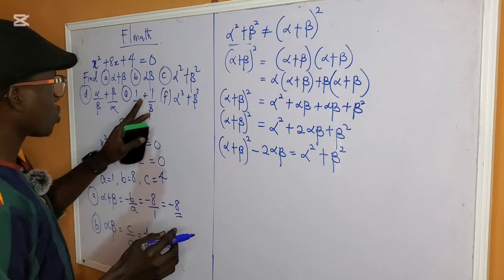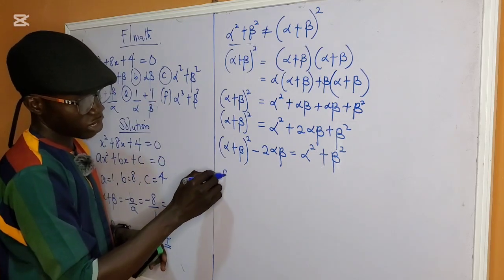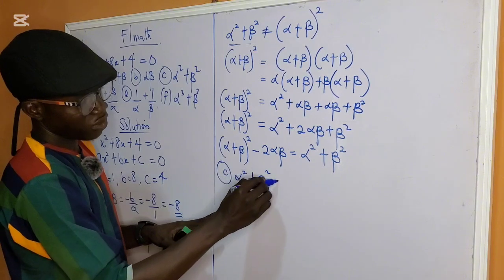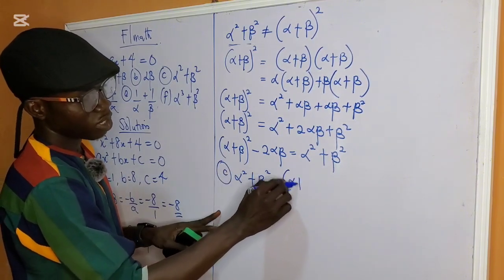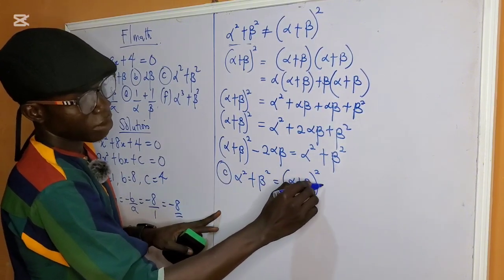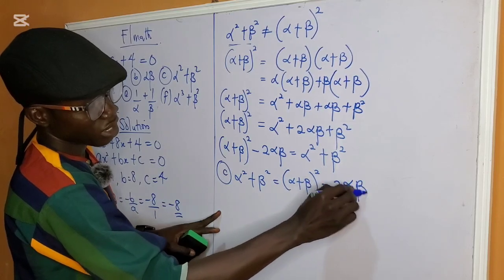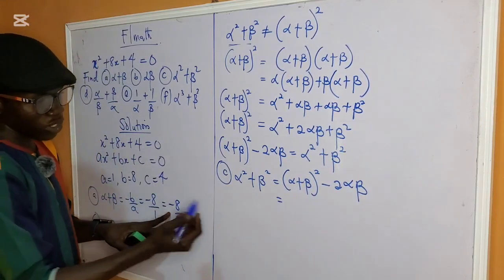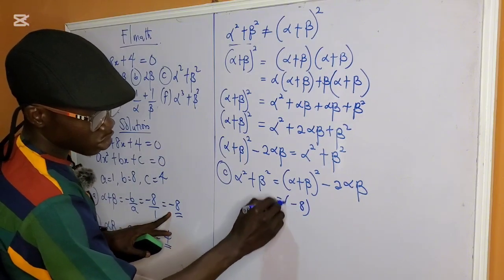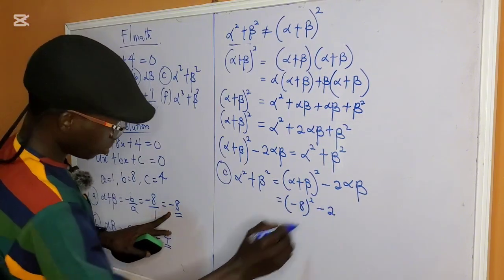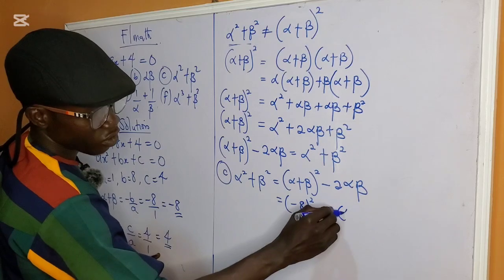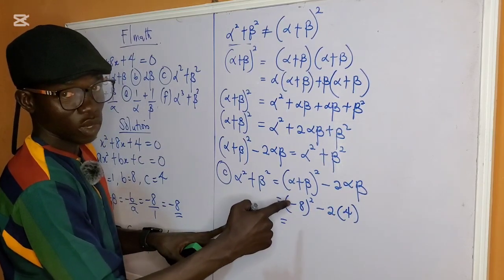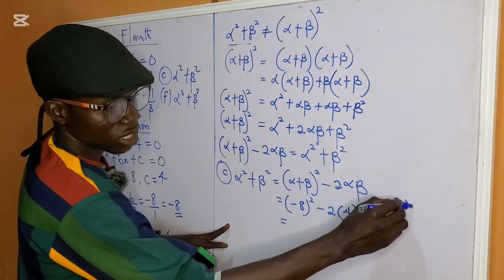So you can use that to solve question C, where we are asked to find alpha squared plus beta squared. Therefore, using this formula, alpha plus beta squared minus 2 alpha beta. What do we get for alpha plus beta? Alpha plus beta is minus 8. So we have minus 8 squared minus 2 times alpha beta, which is 4. This is minus 8 squared, that's minus 8 times minus 8.